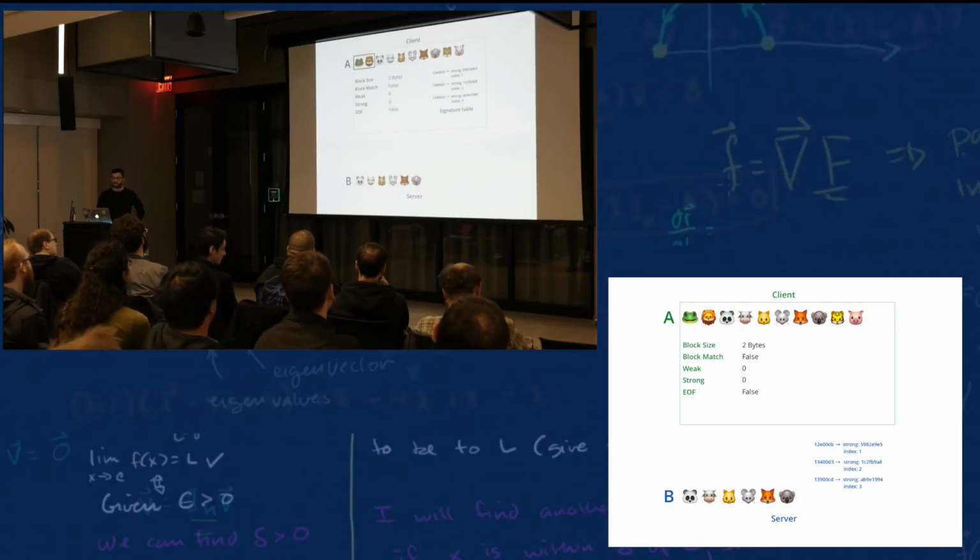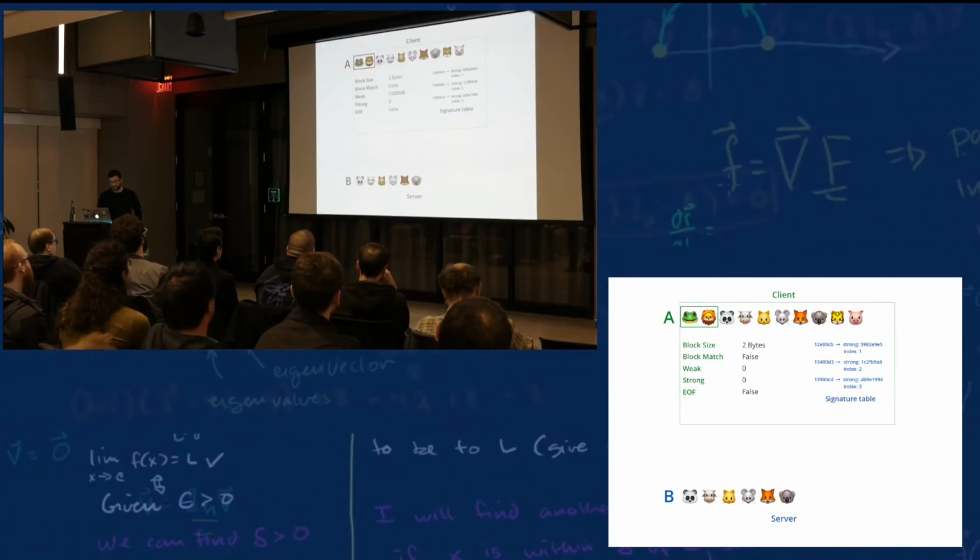And the client begins to read A in blocks of 2 bytes as well. It calculates the weak signature for the block because it's faster. It's trying to filter out, and it looks it up in B's signature table. In this case, because it's new data, the block and the line are new. They don't match any block in B that is in the signature table.